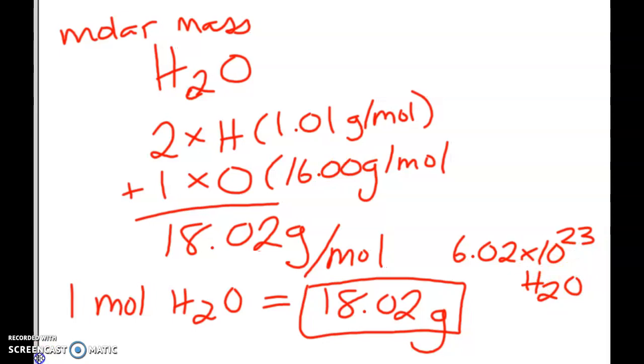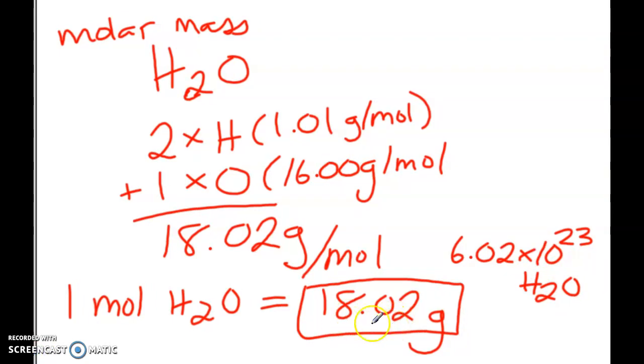The molar mass lets us figure out how much these things would weigh, because we can't count them out. We don't even have the capability of doing that, because they're so small. But we can determine the mass of it and then weigh out large quantities.